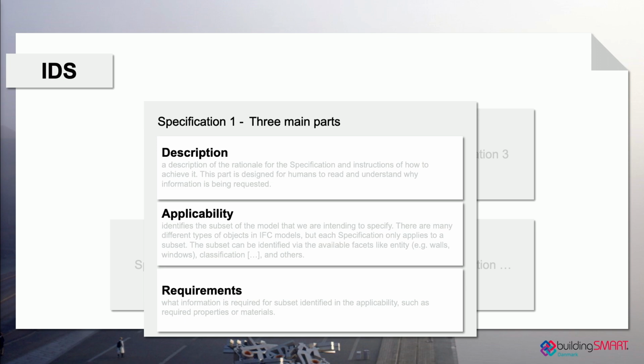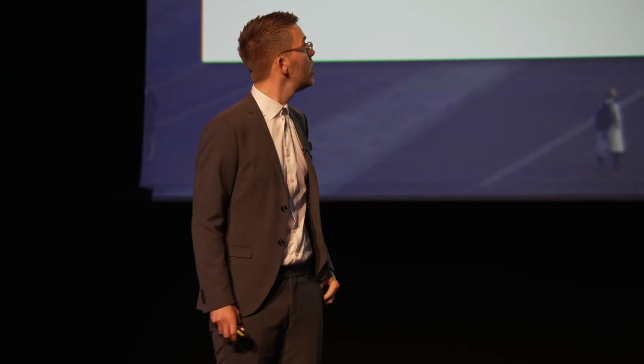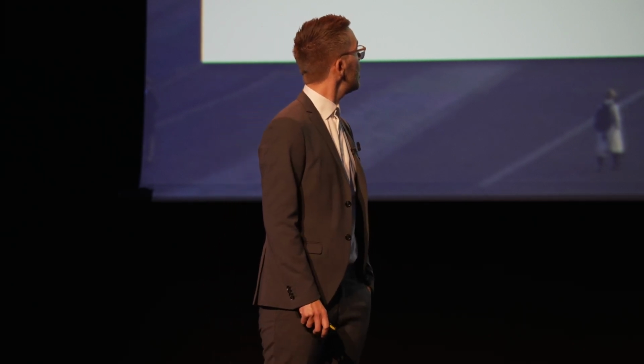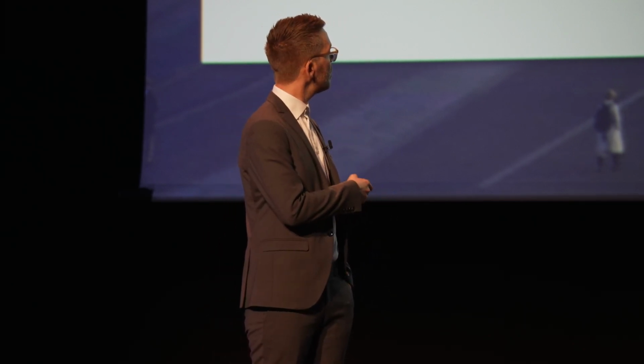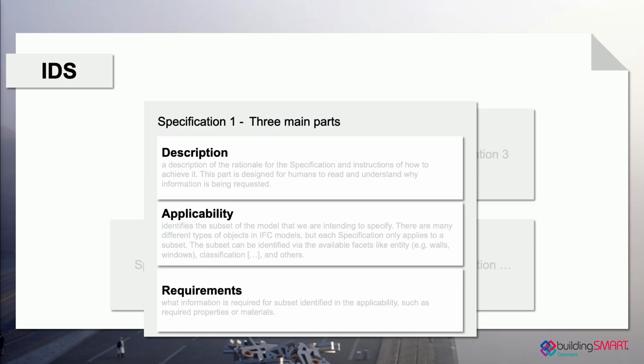So if we connect it to IFC already now, this is where we define that this specification is relevant when we talk about IFC window. So we make a connection here to the IFC. And then we have requirement. This is where we define every property and property set we need, and value if that is needed in this case.